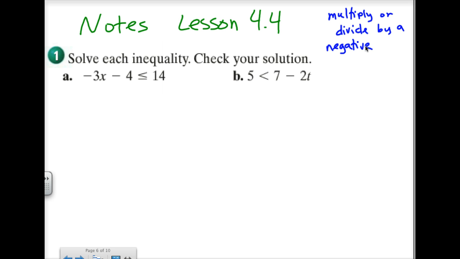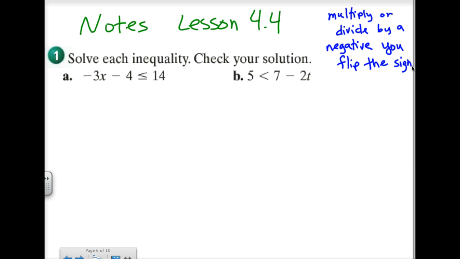You should be thinking to yourself or going back to your previous notes, and you find out that if you multiply or divide by a negative number, you flip the inequality sign. So you flip the inequality sign.